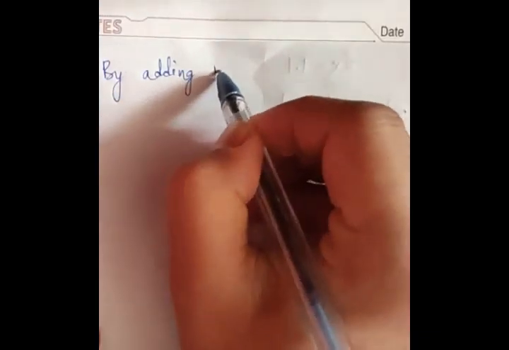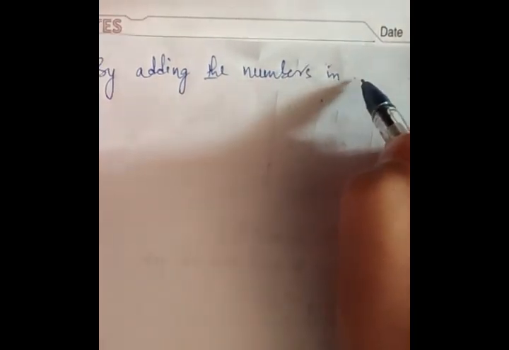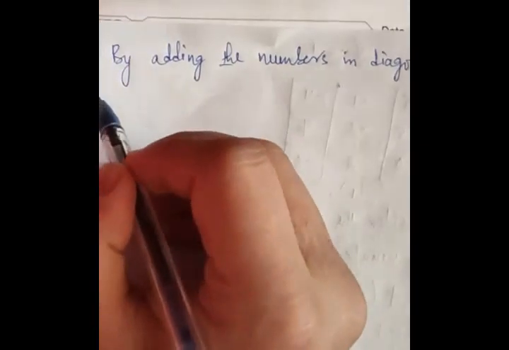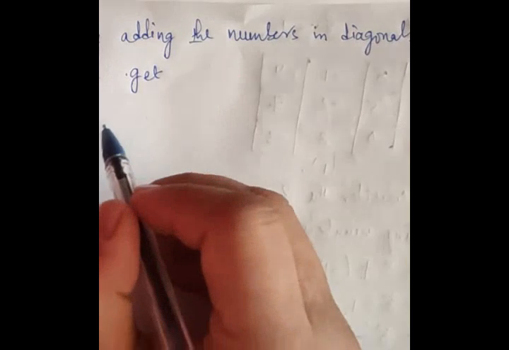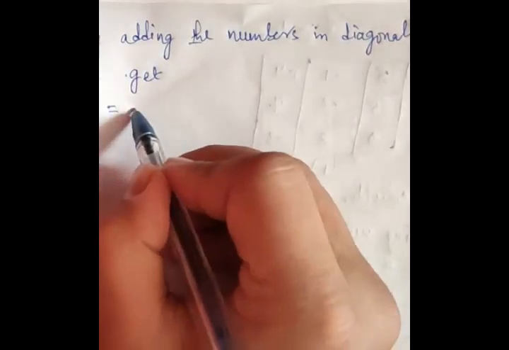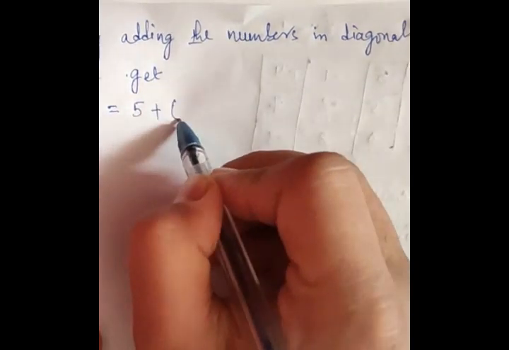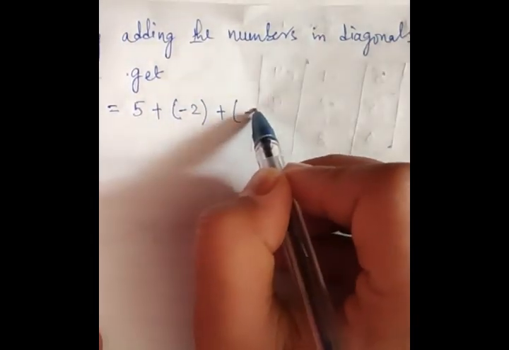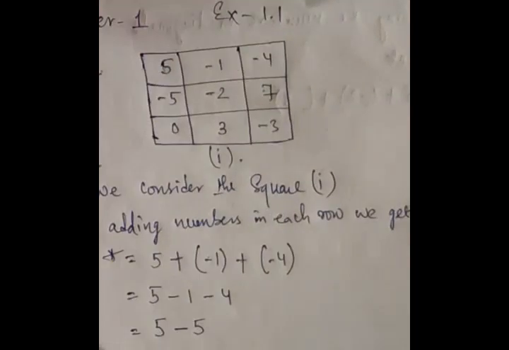By adding the numbers in the diagonal, we get 5 plus minus 2 plus minus 3. That was the number. Yes, 5 minus 2 minus 3.